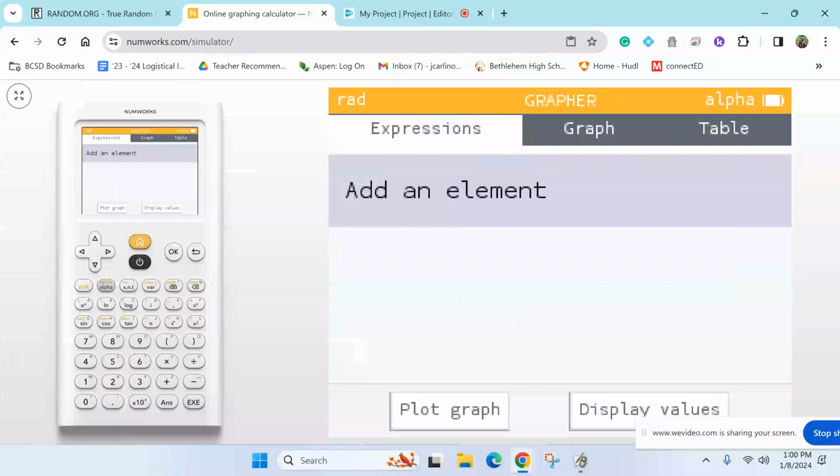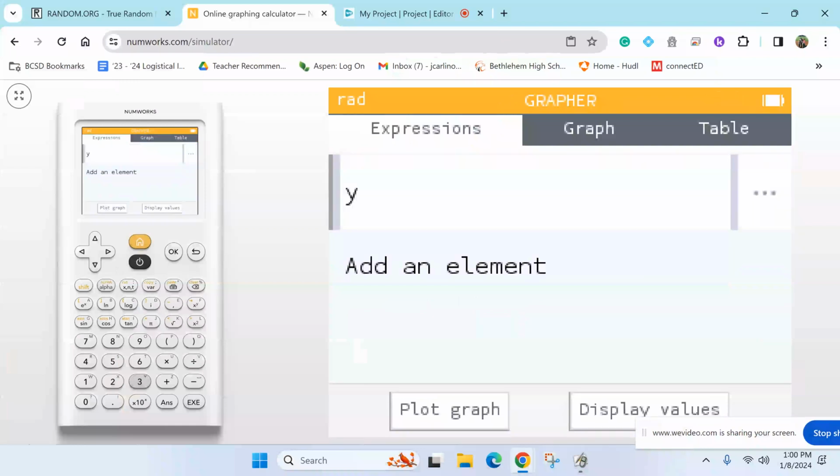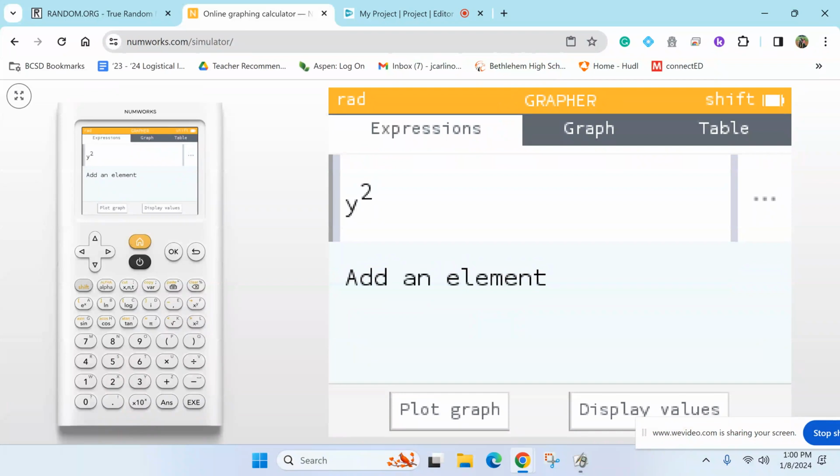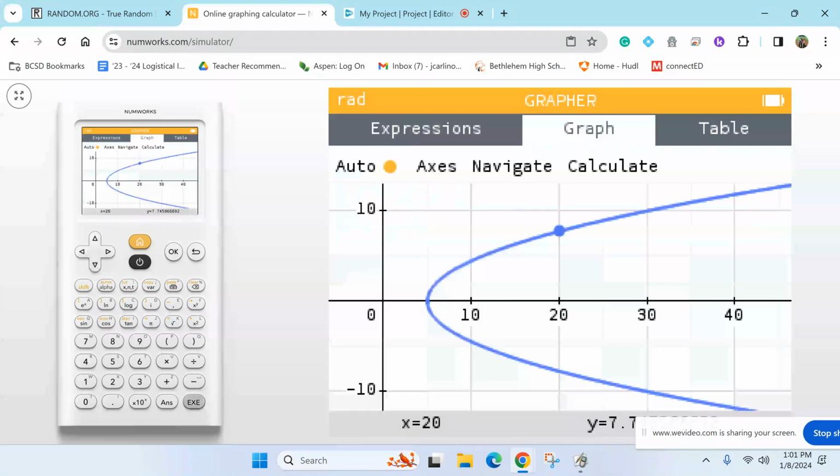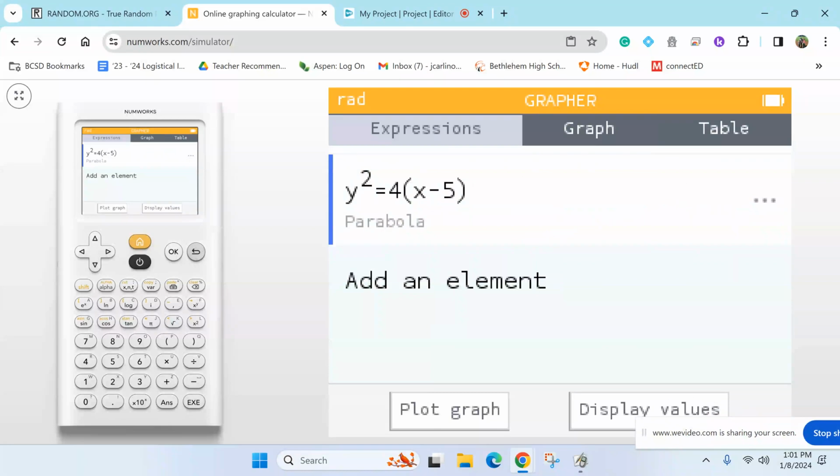First one, y squared. Got to use the alpha button. Y squared equals 4x minus 5. What's this look like? No shot. Don't even sniff it. No shot, right? Because we know that this has got to open up or down. See you later. Not even going to waste my time.